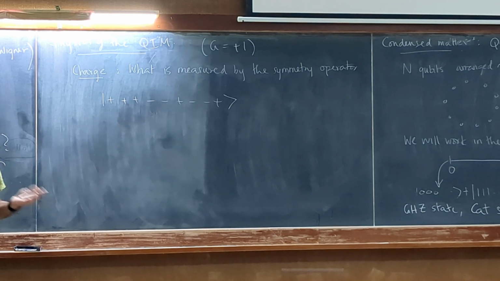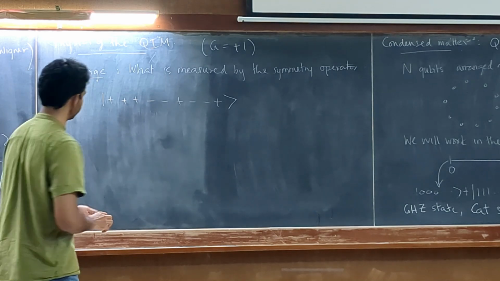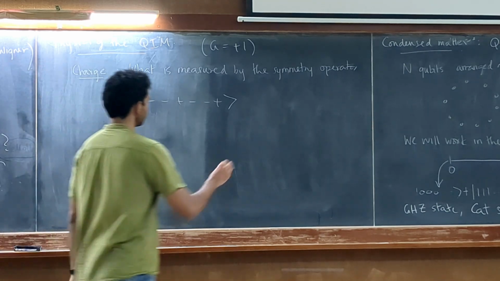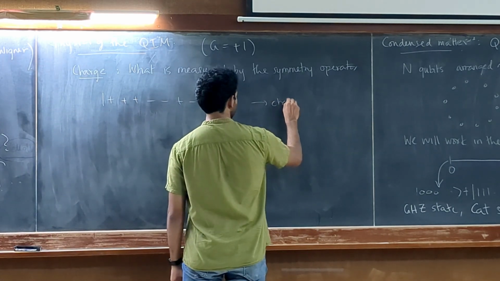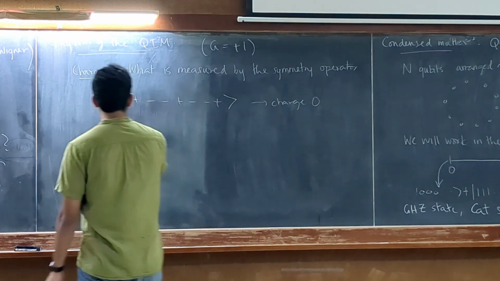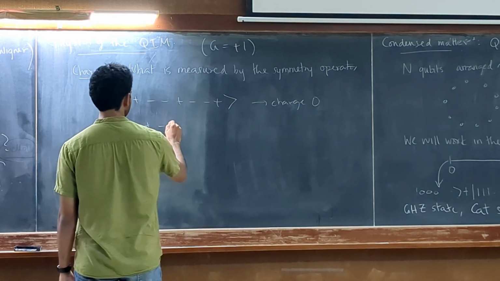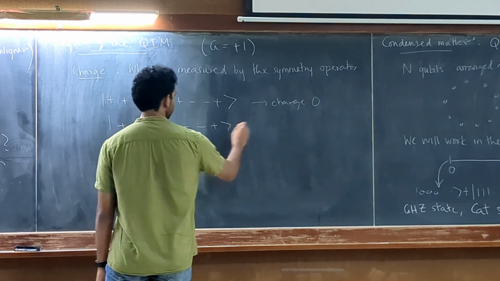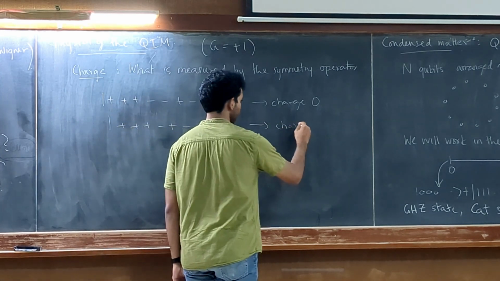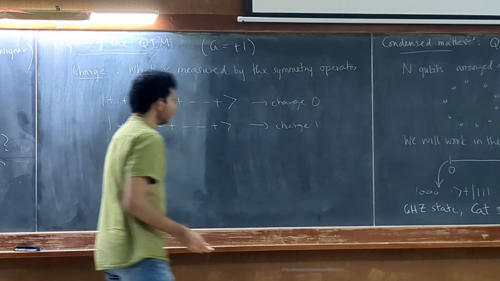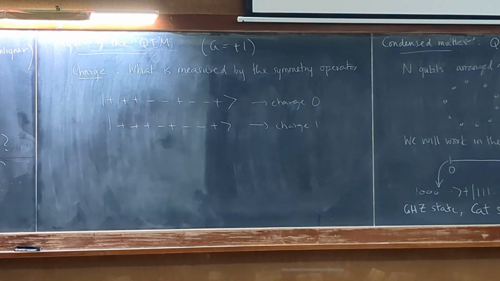So, charge 2 is like charge 0, charge 3 is like charge 1, and so on. So, this is charge 0. This is charge 1. And this is the global charge.